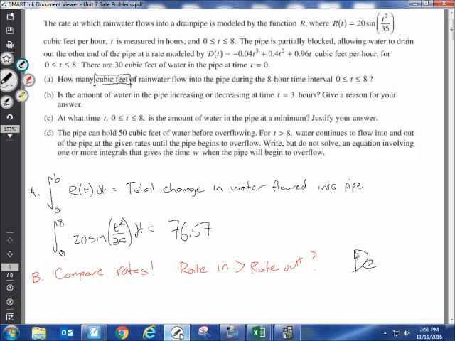I say it's decreasing. Anybody else say it's decreasing? Yeah?